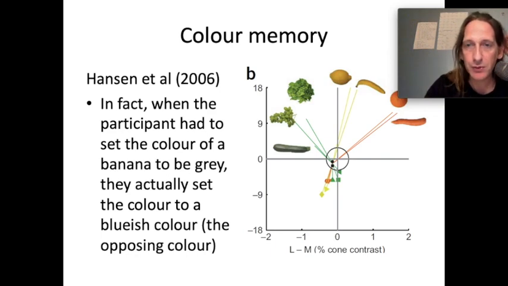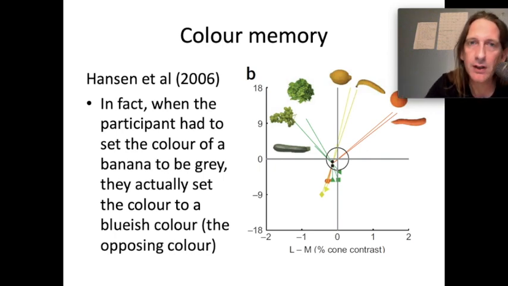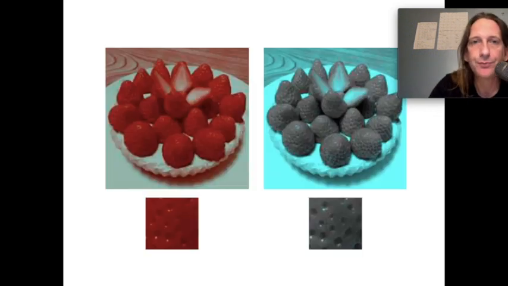And the same was true of opposite colours. So if they were adjusting the colour of a lemon to be grey, they would also shift it slightly into the blue spectrum. So you can see there's a very strong top-down effect of our memory for the colour of familiar objects. If the object is unfamiliar, then this isn't going to help you.